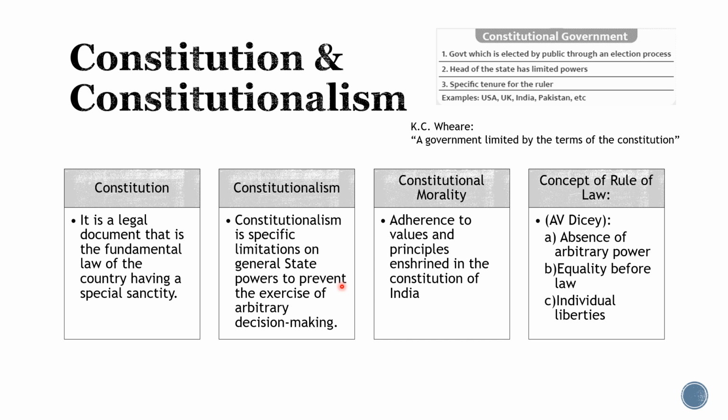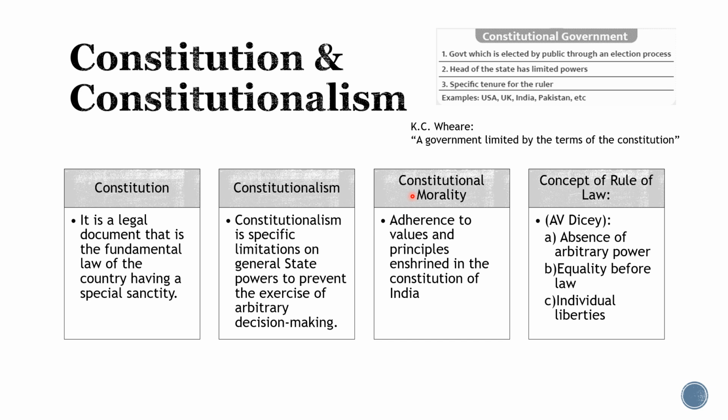That is what constitutionalism is, to set limits, to set boundaries so that we can prevent the arbitrary use of power, right?